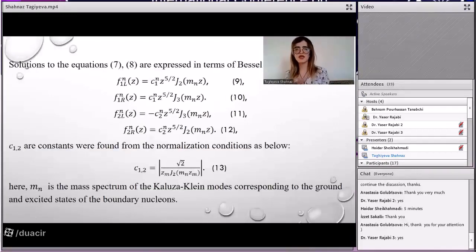Extra components of these spinors are eliminated by the UV boundary conditions imposed on the spinors.